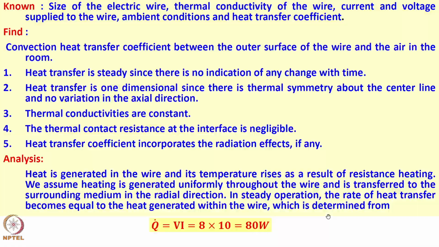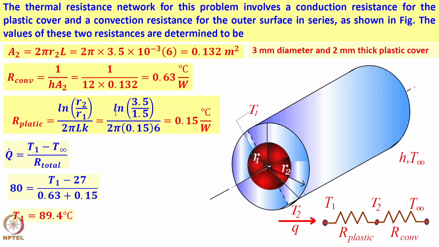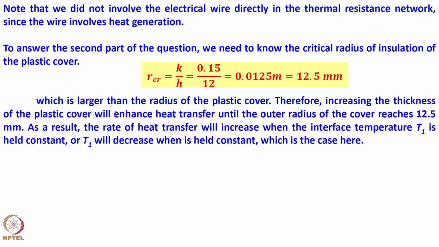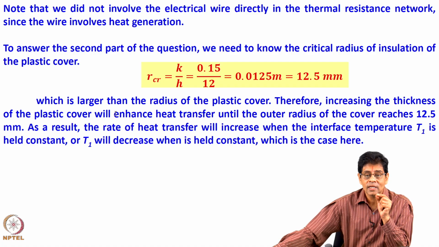How do I know that? We are in this part, we are here. Okay. So, if we add the thickness, we would enhance the heat transfer, and therefore, increasing the thickness will enhance the heat transfer until the outer radius of the cover reaches 12.5 mm.